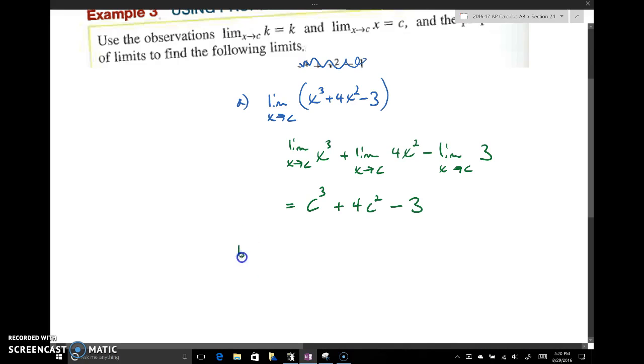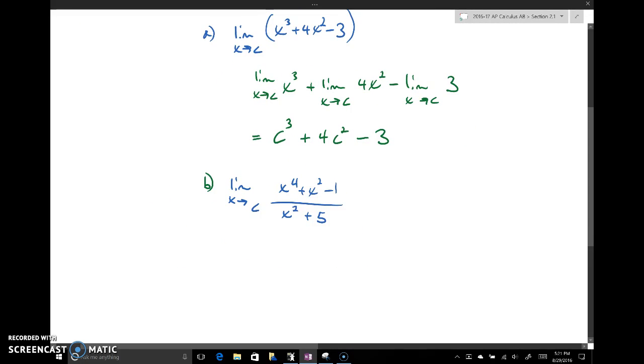So let's try another one. Let's do the limit as x approaches c of x to the fourth plus x squared minus 1 over x squared plus 5.